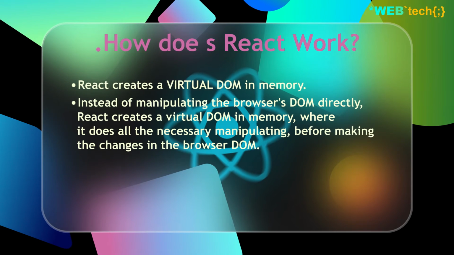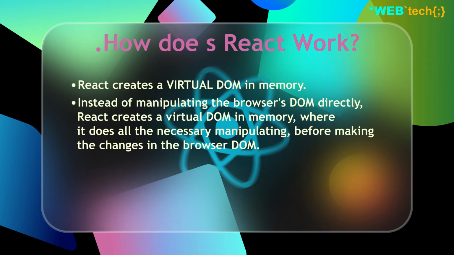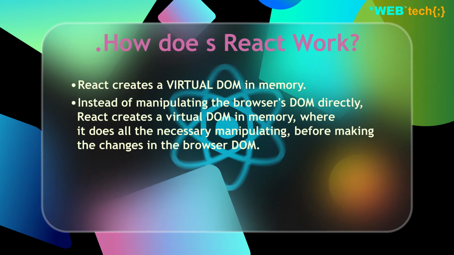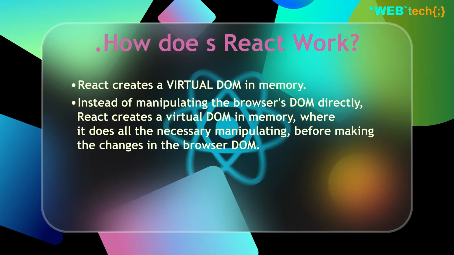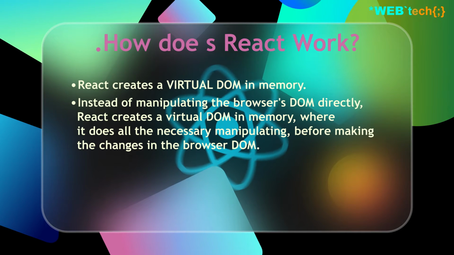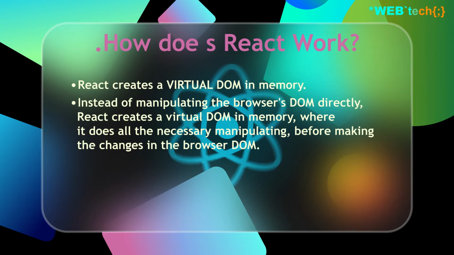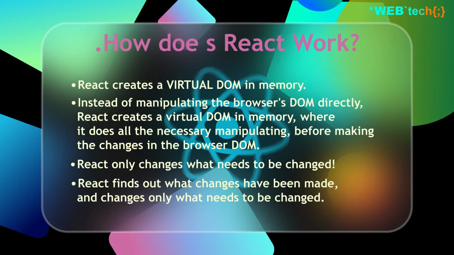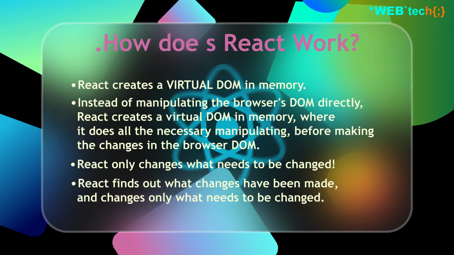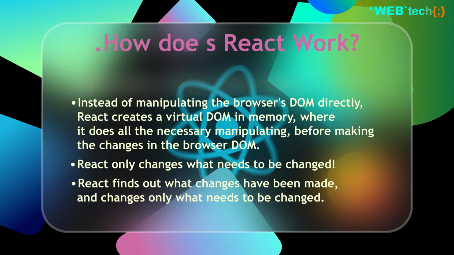Instead of manipulating the browser DOM directly, React creates a virtual DOM in your memory where it does all the necessary manipulating. Before making the change in the browser DOM, React only changes what needs to be changed. React finds out what changes have been made and changes only what does need to be changed.